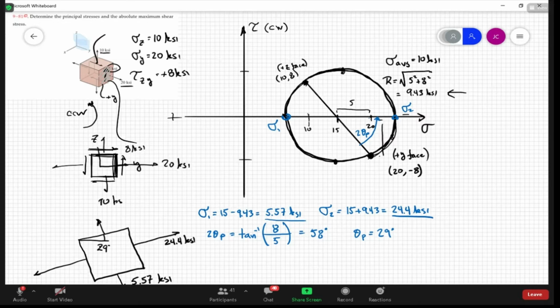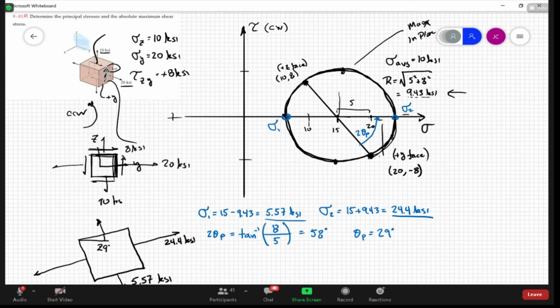I know it's not asking for that, but let's just first talk about it. This is the max in plane. It's going to exist with a shear stress of 9.43 and a normal stress of 15 KSI.